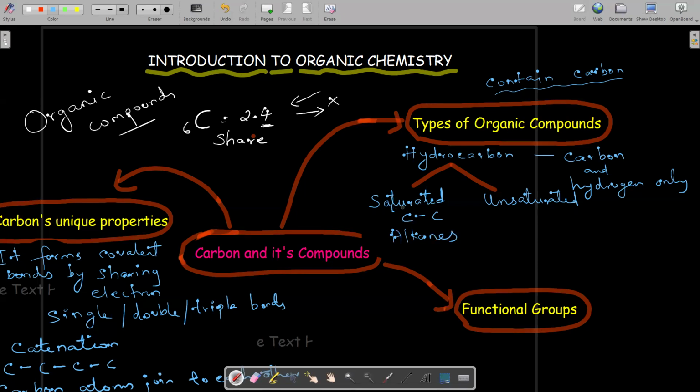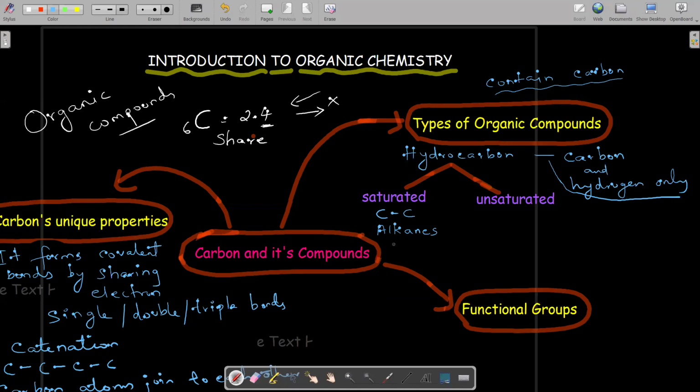Clear enough? Are we on the same page? So organic compounds include hydrocarbons, which are the simplest organic compounds, made of carbon and hydrogen only. And this is subdivided into saturated and unsaturated hydrocarbons. Saturated hydrocarbons have single bonds, and this family is called alkanes.